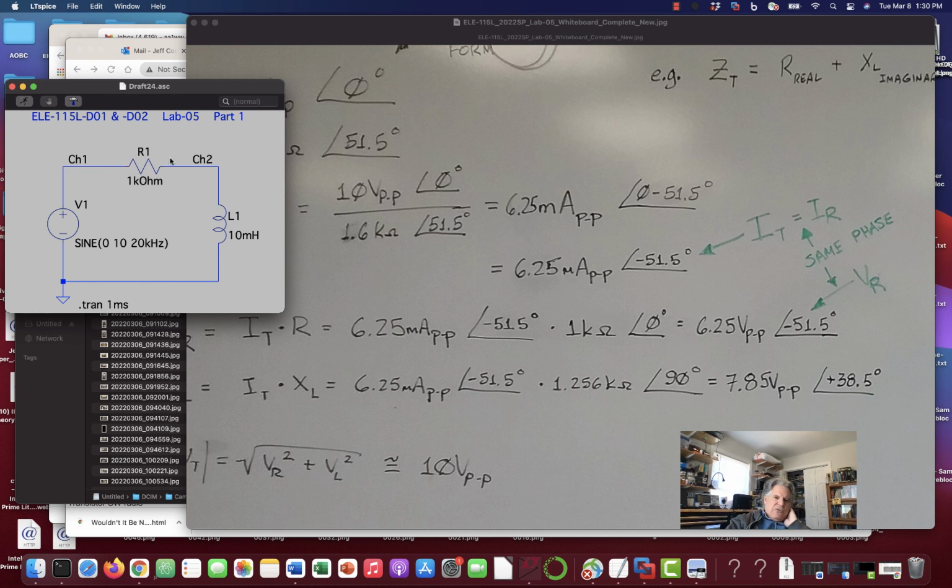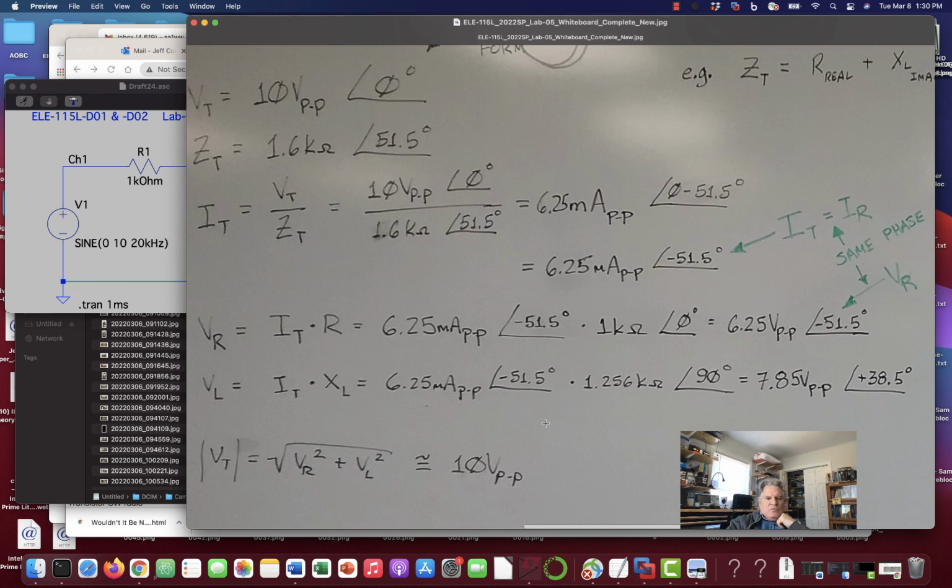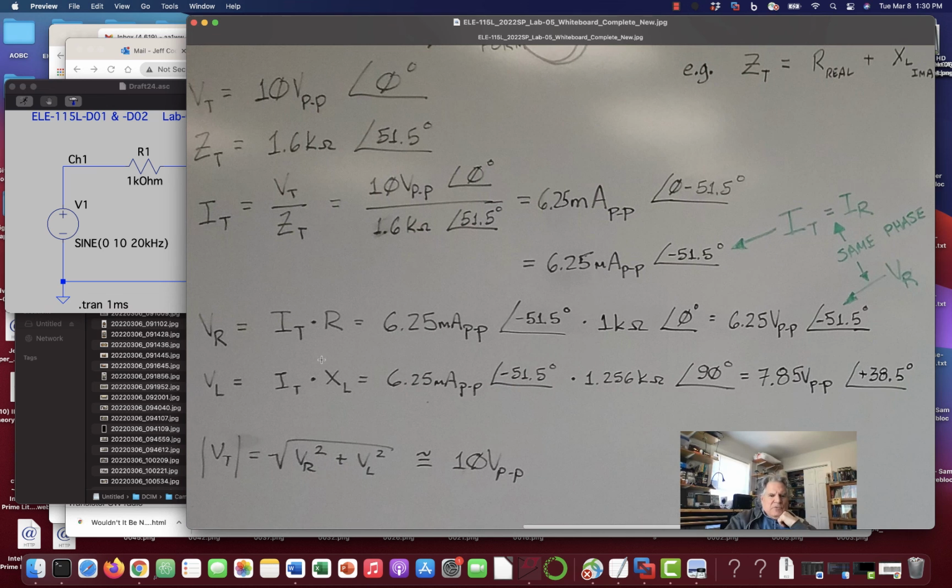That means the voltage across the resistor, VR over here, is the same phase as the current through the resistor, and that's useful in the lab. Now we've got VR. It's 6.25 volts peak to peak at minus 51.5 degrees, the same angle as the total current through the circuit.